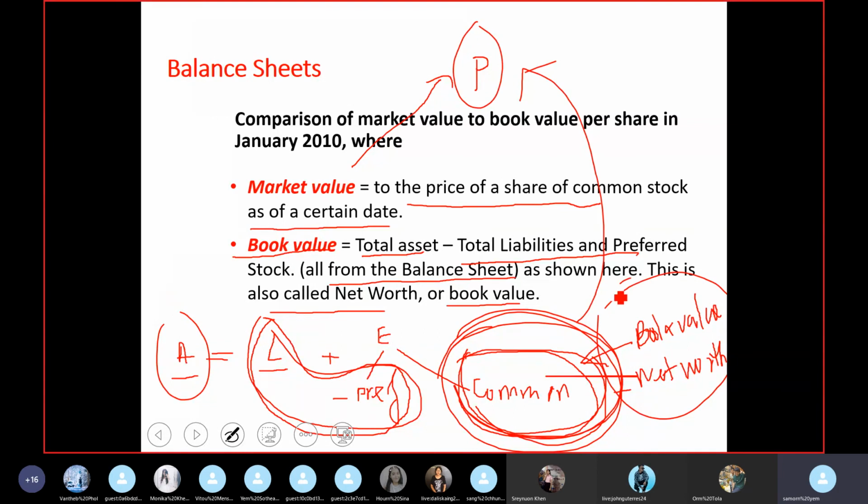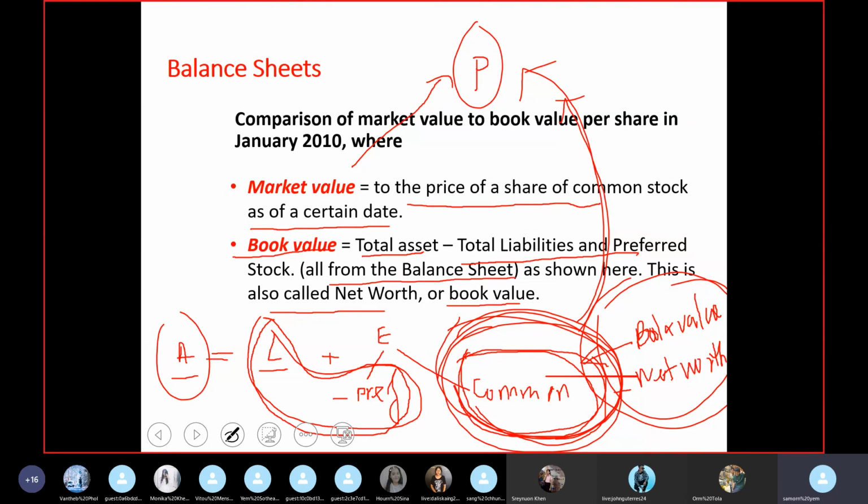Book value comes from your company's operations, to check whether your common stock, your part of the share, has increased in value or not. So this will affect the stock price in the market, whether it is a good share or not.